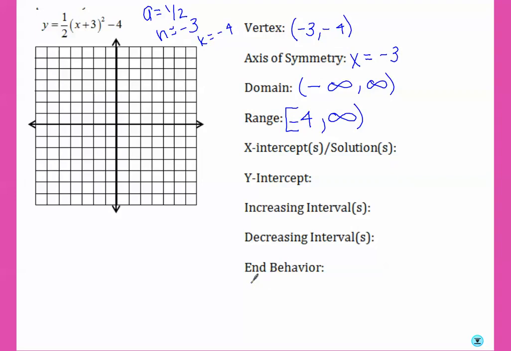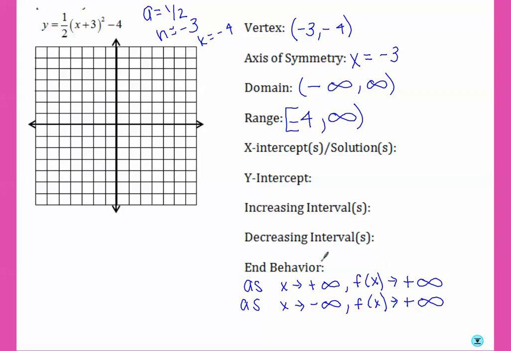We can also easily do end behavior before we graph it. Since a is positive, we know both ends will be pointing up, so both end behaviors are going towards positive infinity. Let's graph it so we can get these other 4 things.